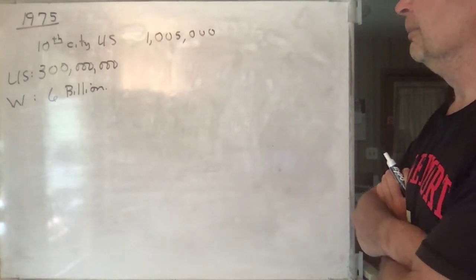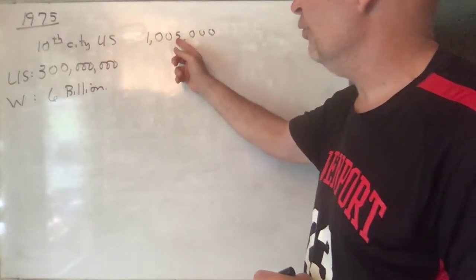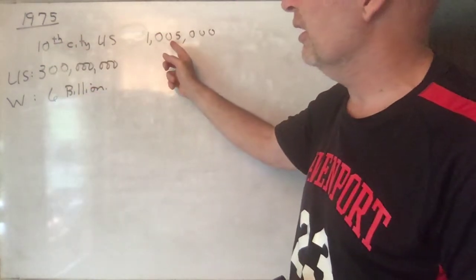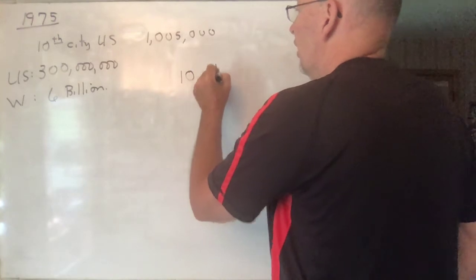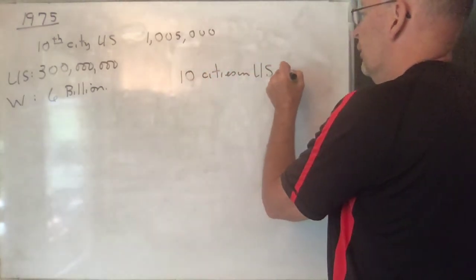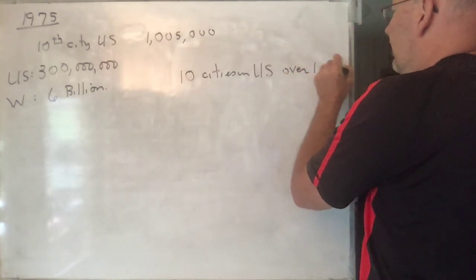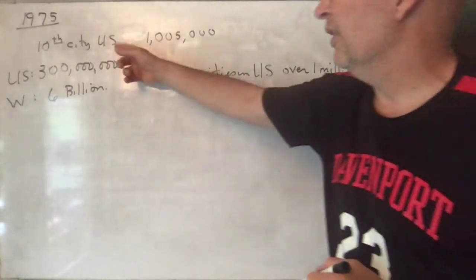And here's what I did. I said, well, I knew that the 10th largest city was just over 1 million, and so likely the 11th largest city was less than 1 million. So my guess is that there were 10 cities in the U.S. that were over 1 million. That was just my guess, knowing this.